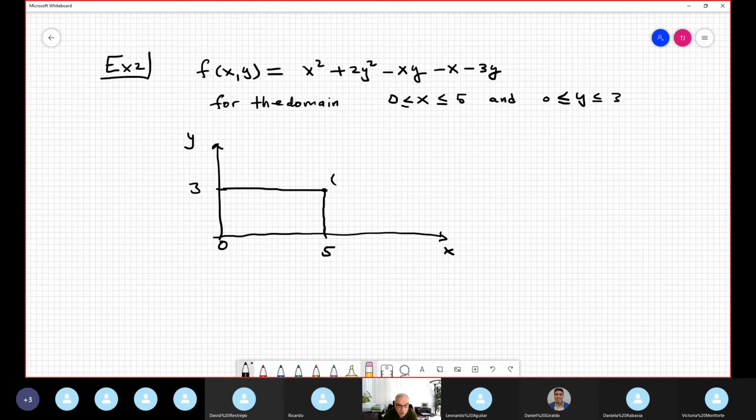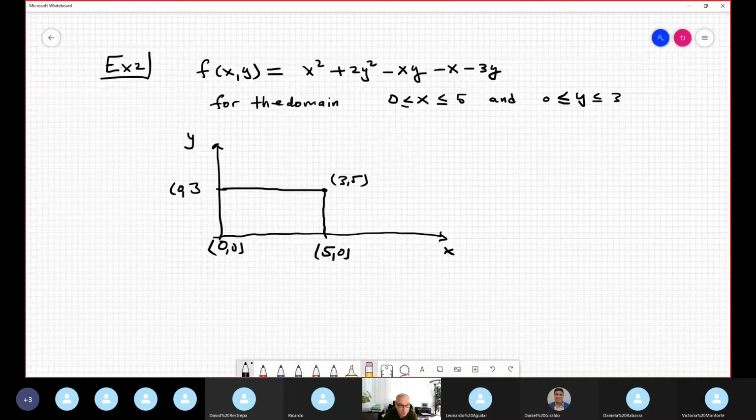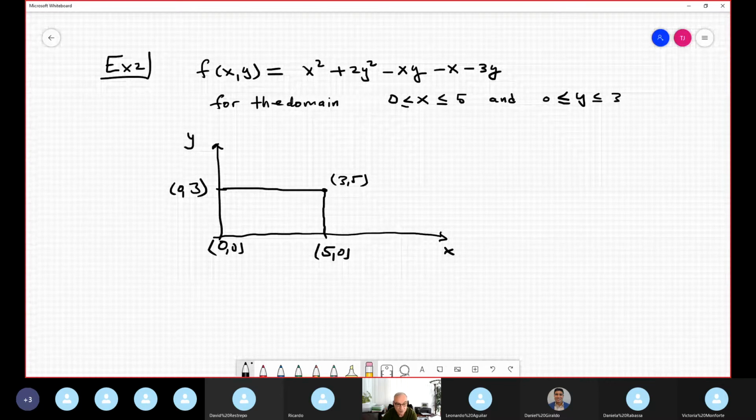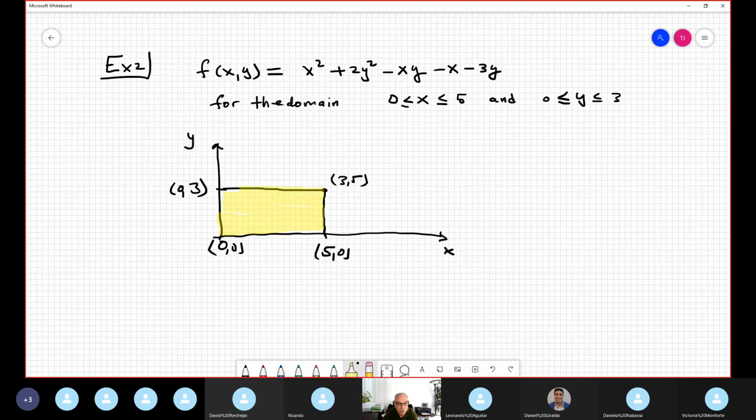This point is 5,3. This is the point 0,0. This is 5,0, and this is 0,3. I want to investigate what happens inside this region with respect to that function.